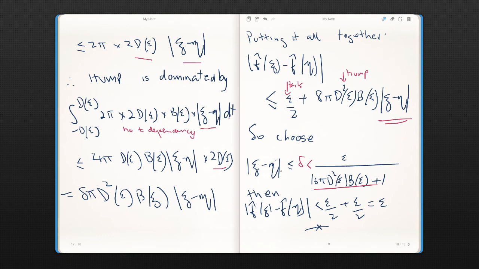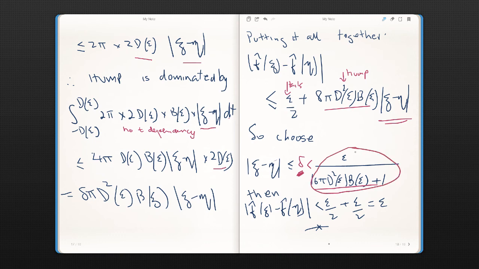Because when we make xi minus eta this small, we'll have epsilon on 2 there, we'll have 8 pi, we'll have this over that, and that quantity is less than epsilon on 2, so the sum of them is going to be less than epsilon, which is what we wanted to achieve. So this is our magic delta. You choose delta less than this quantity here.